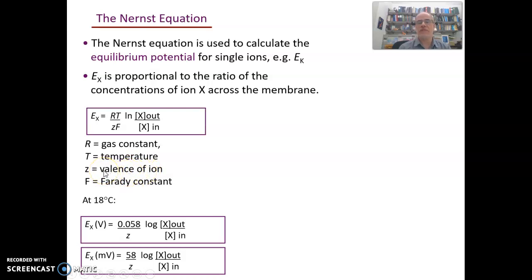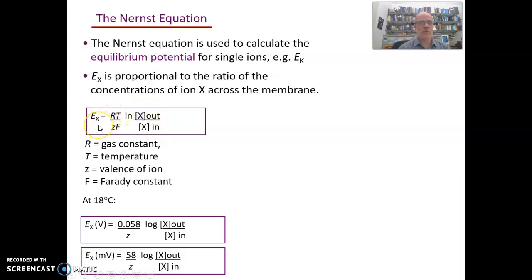So the valence of potassium is +1, the valence of sodium is +1, the valence of calcium is +2, the valence of chloride is -1. It also uses another constant, the Faraday constant, represented by the letter F. And the equation shown here uses the natural log of the ratio of the concentration of the ion being considered outside of the cell divided by the concentration of that ion inside the cell.